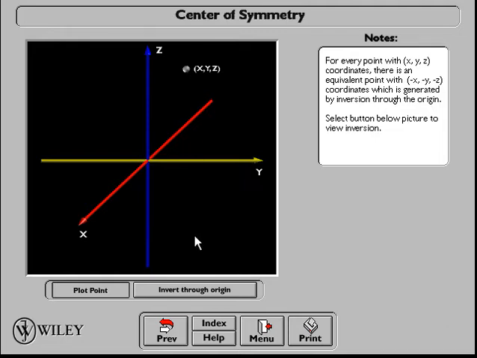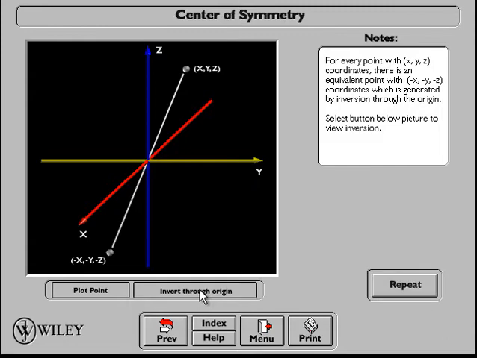Now we are inverting it through the origin. And here we have now the inverted point through the origin, that is minus x, minus y, minus z.